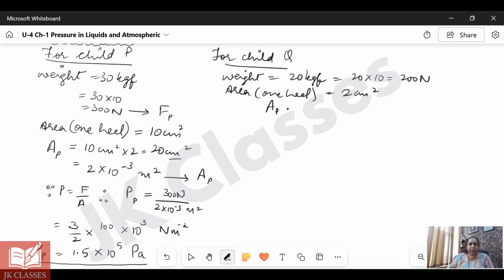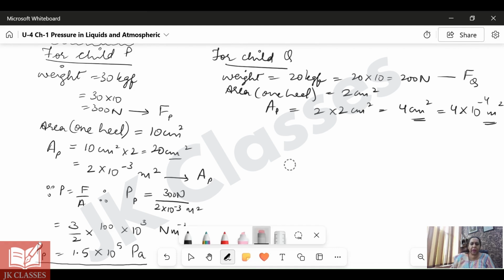So area in contact will be twice this, equals to 4 centimeter square, which we can write as 4 into 10 raised to power minus 4 meter square conversion. So this is the force by child Q, and this is the area in case of child Q.